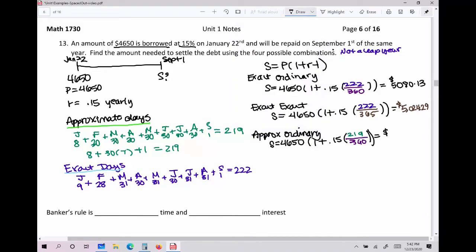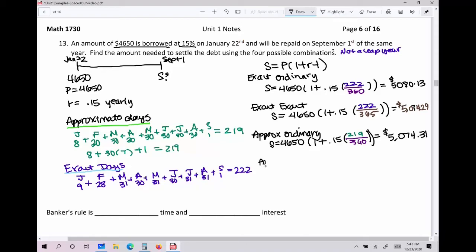So again, same setup, but our denominator is different and our numerator is different, so you need to be careful. So when we calculate that, we get 5,074 and 31 cents. Oh, this was supposed to be a 7. I apologize.